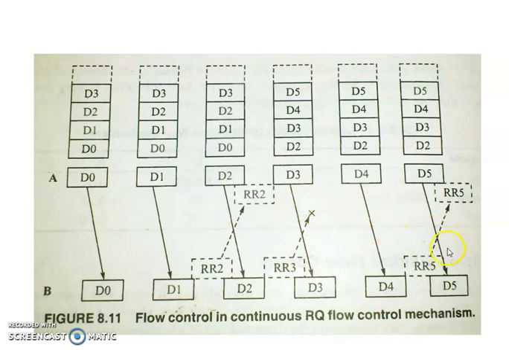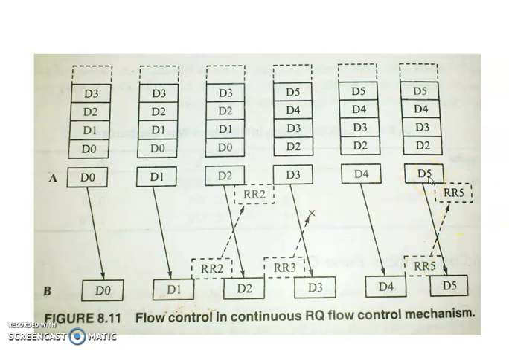The next consecutive RRs will acknowledge the previous frames. So what happened over here is that D3 is sent, D3 is received, D4 is sent, D4 is received, and after some time the receiver sends RR5, and RR5 means that it wants D5, and that all previous frames D0, D1, D2, D3 and D4 are received properly.